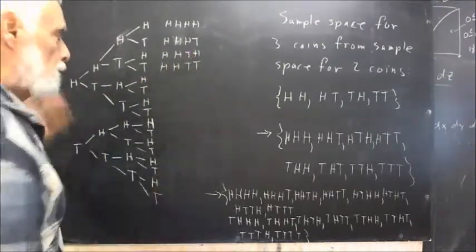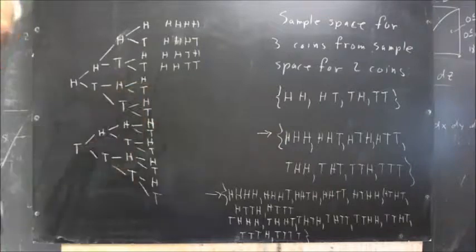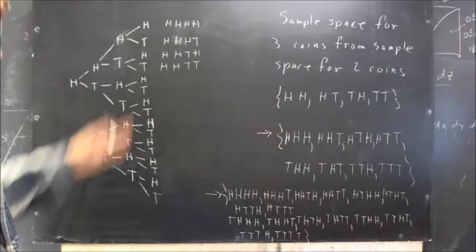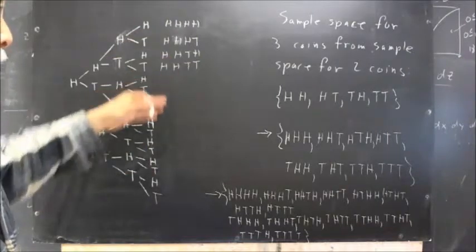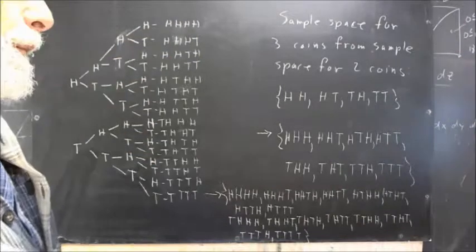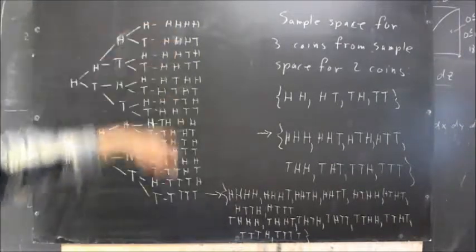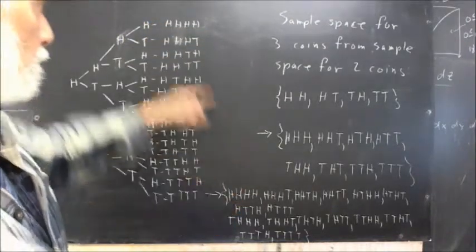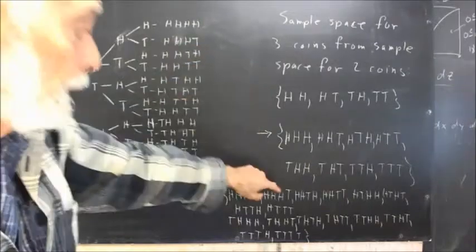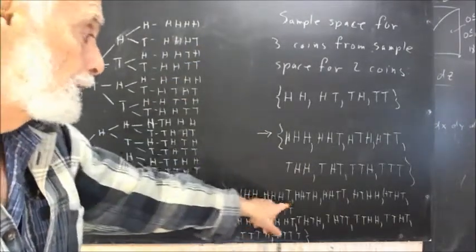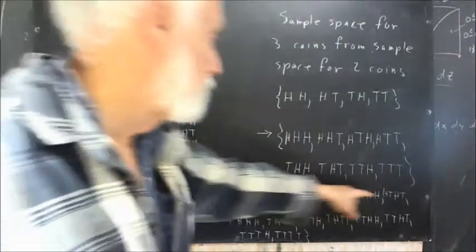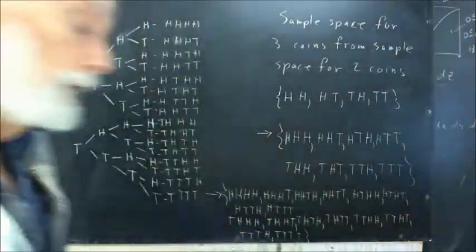And I'm not going to waste your time by listing all of these, but I'll list them off camera and see if the result agrees with what we got down here. Okay, here's the listing, and you can see that heads, heads, heads, heads matches heads, heads, heads, heads, heads, heads, heads, tails matches heads, heads, heads, tails, and if we look at these in order, it's the same order in which they've been listed here.